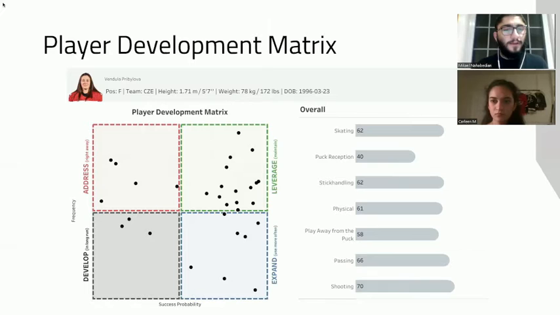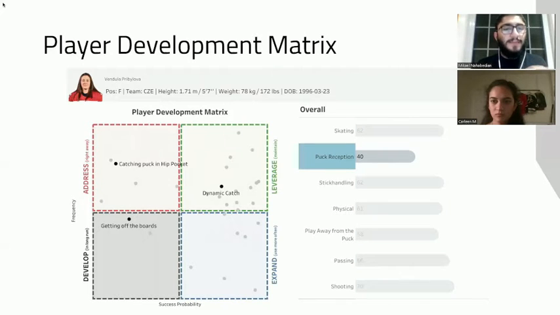For a player development coach, digging in deeper and looking at the detail of this particular skill set allows them to identify the habit of catching the puck in the hip pocket as a probable weakness that Vendula Pribilova should address right away, as it is in the address quadrant.